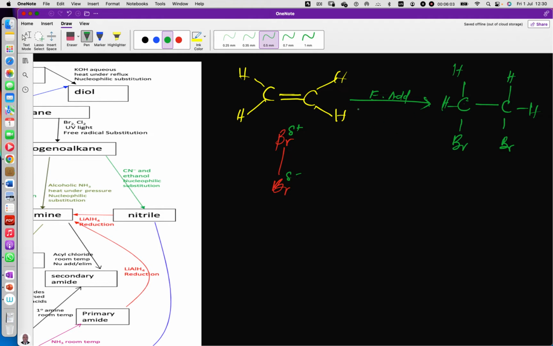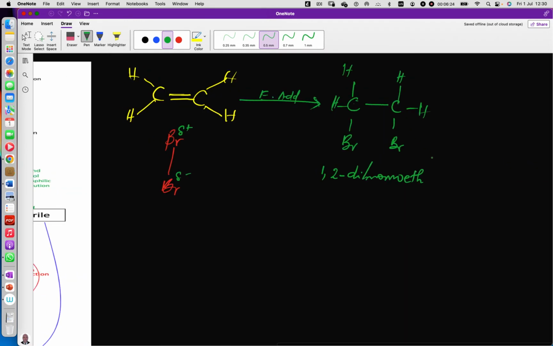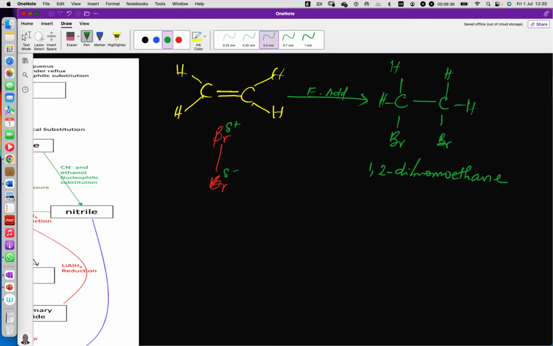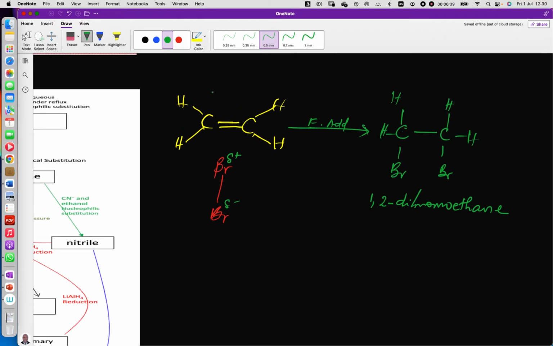In that case, we say this is 1,2-dibromoethane. So here, this is the alkene. This is an ethane molecule. You can call this ethane.